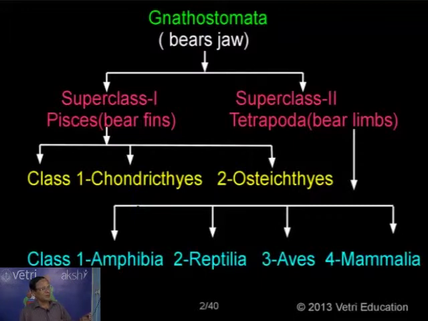Chondriology is the study of cartilage, and that is why the animal group is also called Chondrichthyes, as they have cartilaginous endoskeleton. Now the group Osteichthyes includes osteon, the unit of bone, and osteology, the study of bone. So chondriology, the study of cartilage, osteology, the study of bones.